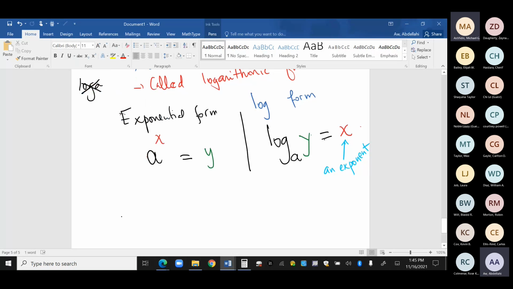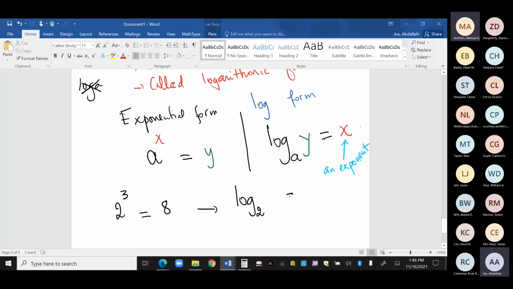If I say 2 cubed is equal to 8, this is an exponential form, right? What's going to be the log form of this? It's going to be log base what? What is the base? 2. The base is clearly 2. Of what?